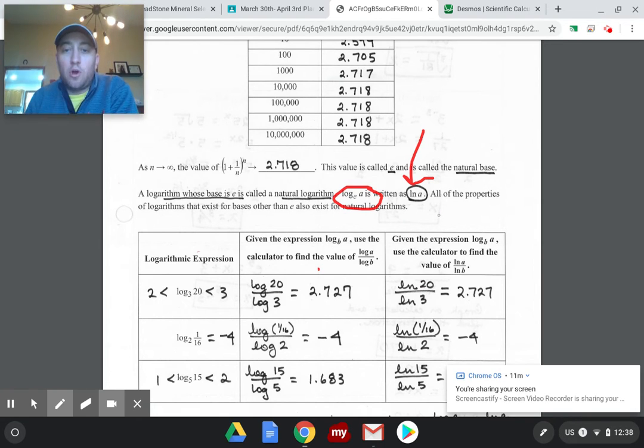Normally, the natural log button and the log button are pretty close to each other. And the same properties that exist with logarithms are going to exist with the natural logarithm as well. So that's a little bit about the natural logarithm. It's just a little unique in terms of the value. Like I said, it's kind of like pi.